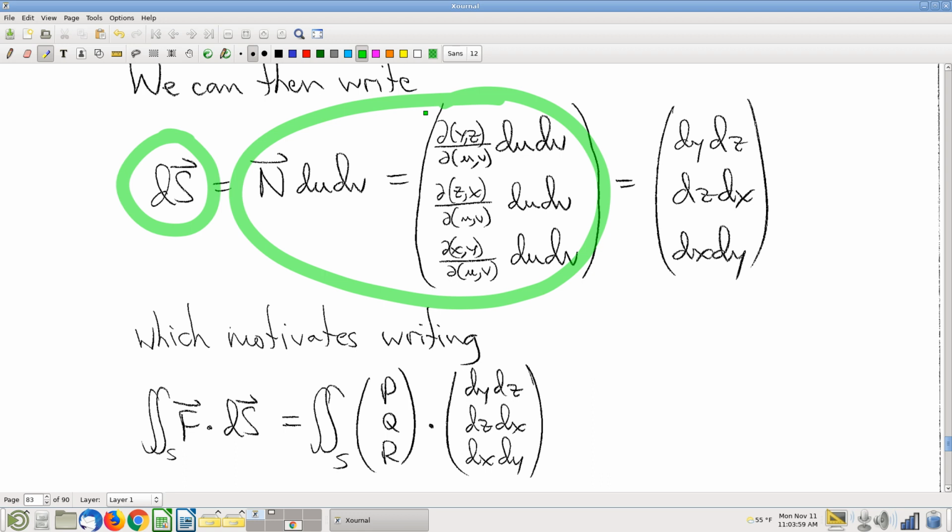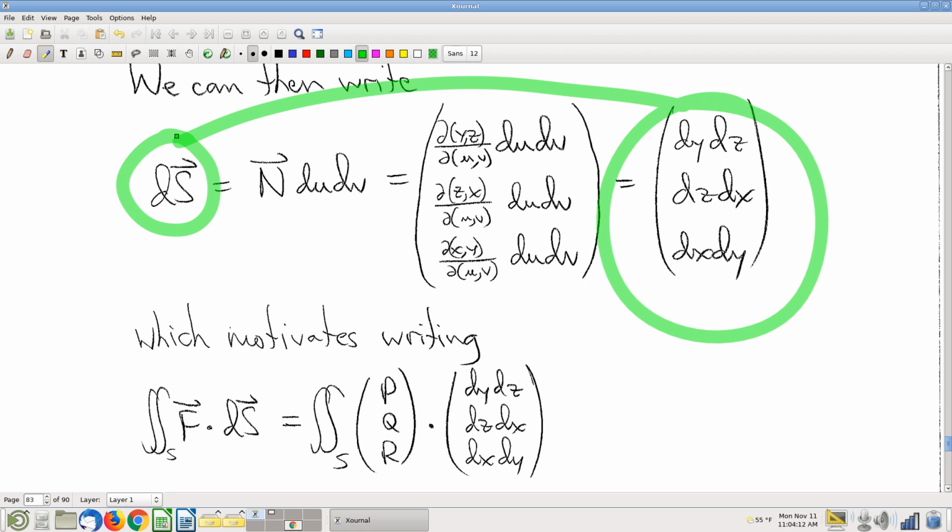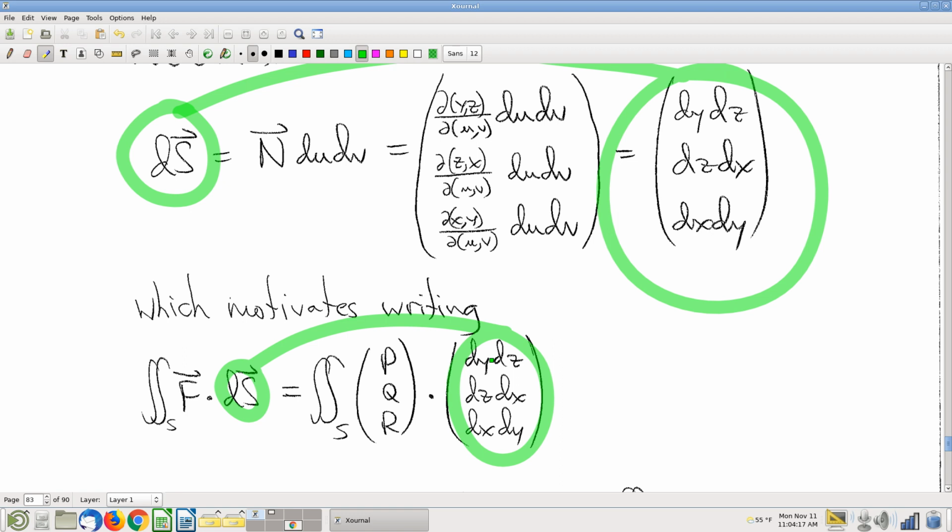Here are the new names that we've just decided to give those, based on observing that these are really projections. We're projecting into the coordinate planes. So we have a way to rewrite ds.